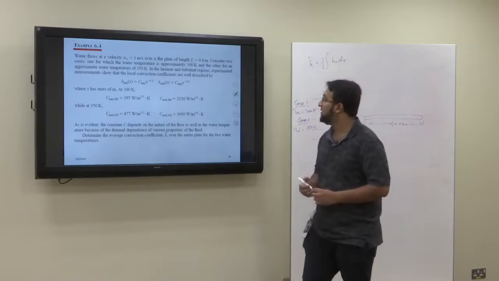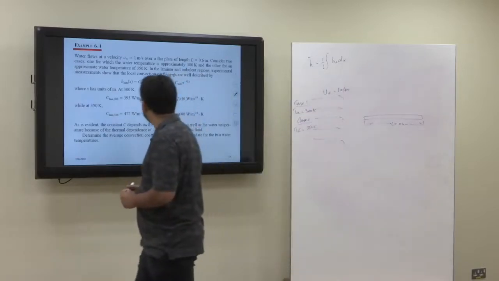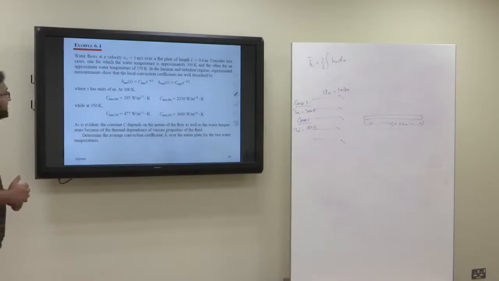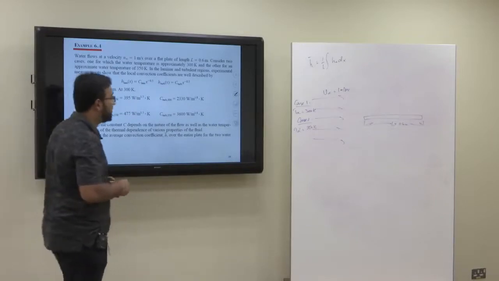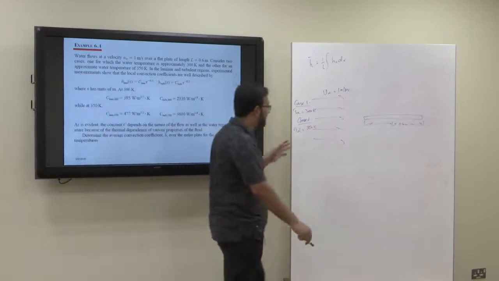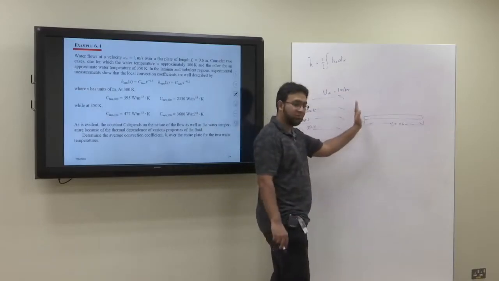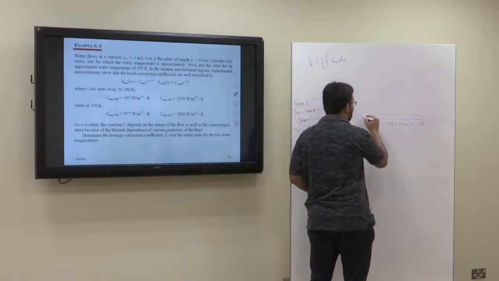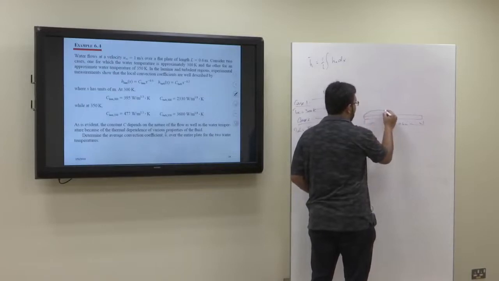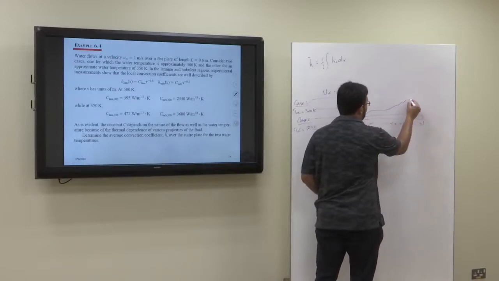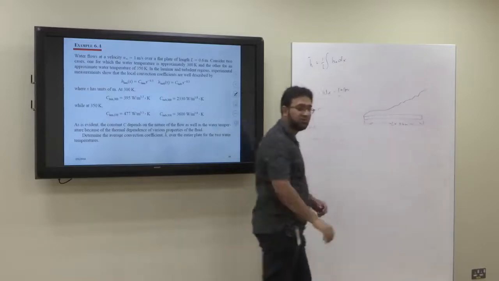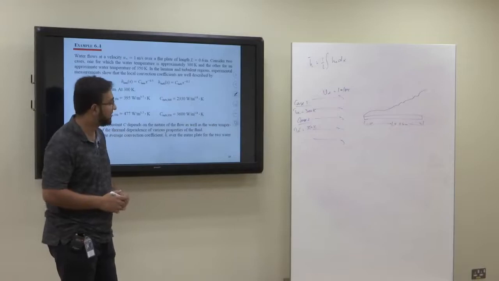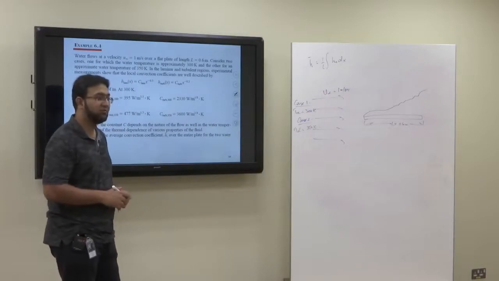In the laminar and turbulent regions, experimental measurements show that the local convection coefficients are well described by these formulas. So now you know that when the flow passes over the plate, we start with the laminar region, and then we move towards the transition and then the turbulent region, right? So this is how the flow occurs over the plate. It starts with the laminar, and then we have the turbulent.